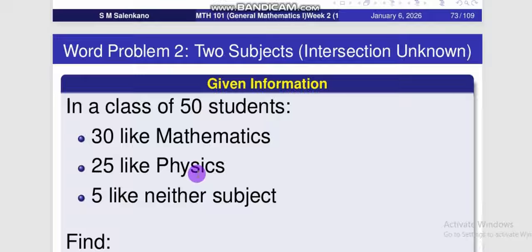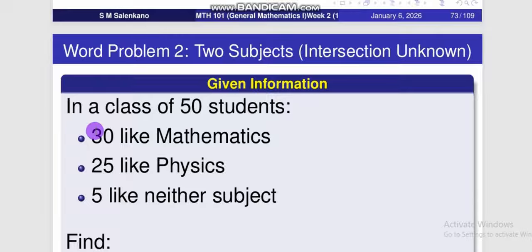What we were not given were those who like physics only or mathematics only or neither. But those who like both, we were given that. But now we were not given those who like both. How do we find them?